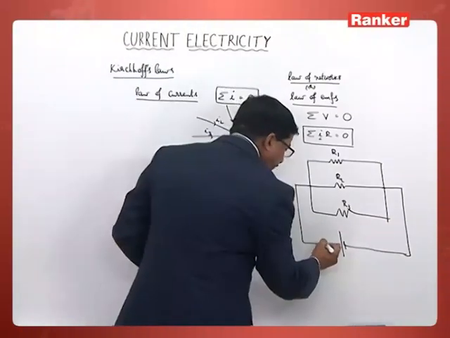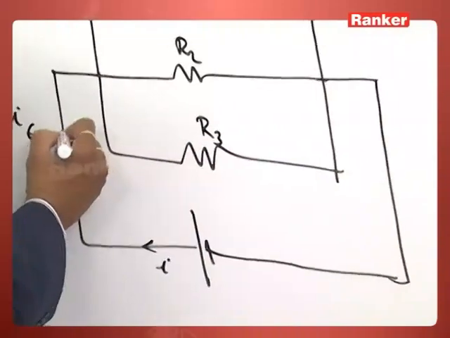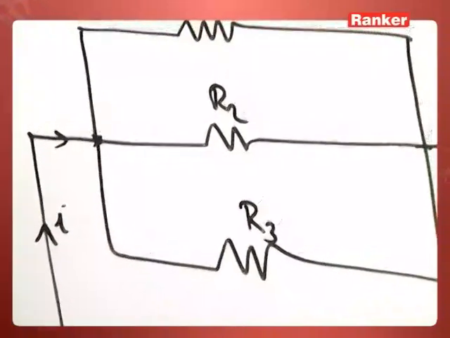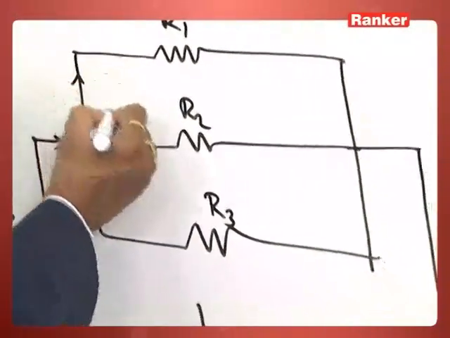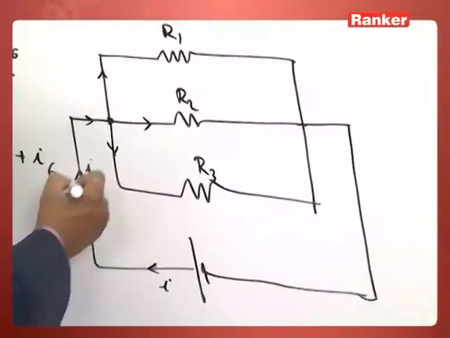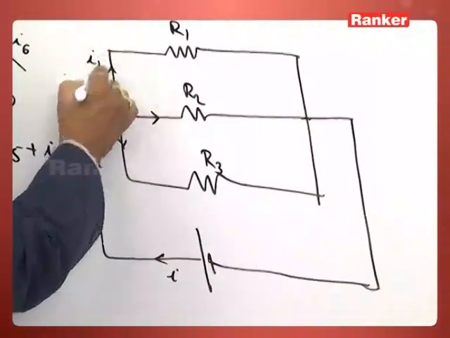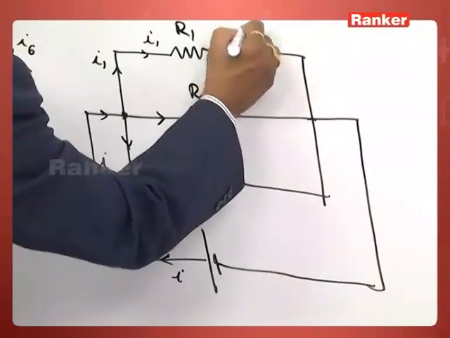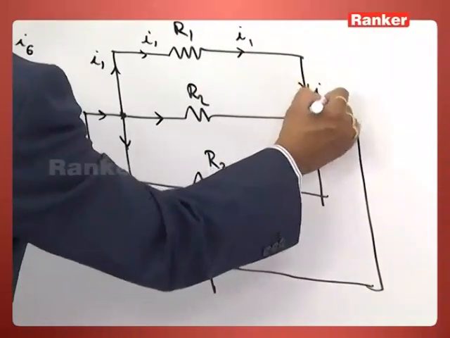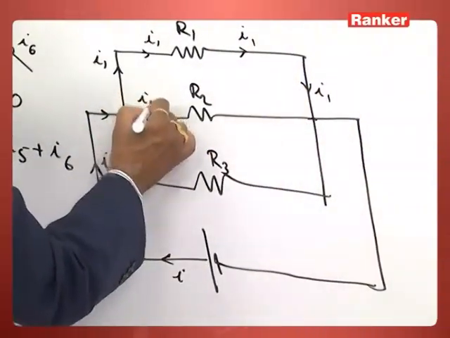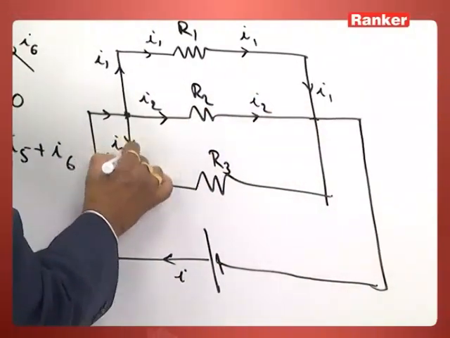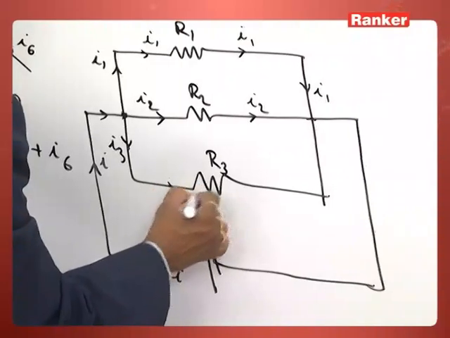Now the direction of current will be I here, that enters here. After reaching this junction, current splits into three different parts. Let us consider the current across R1 as I1, the current across R2 as I2, the current across R3 as I3.